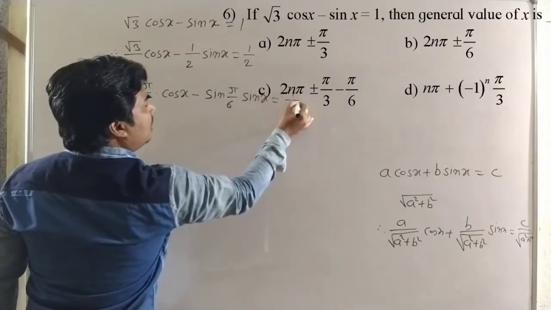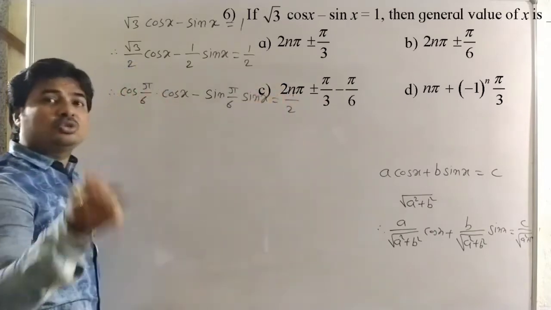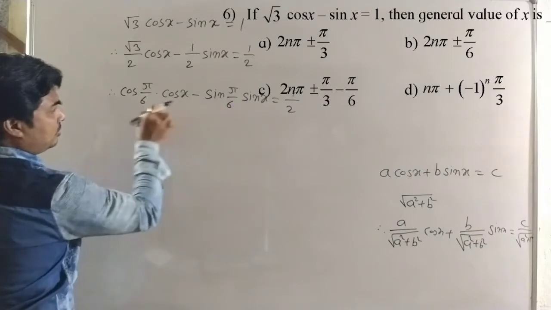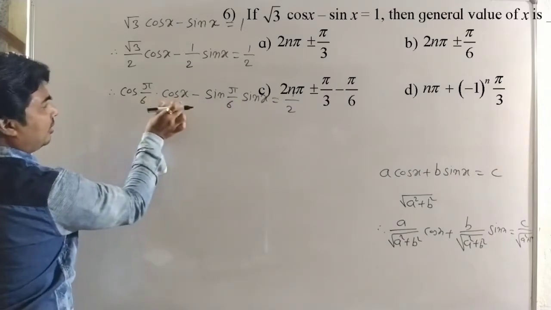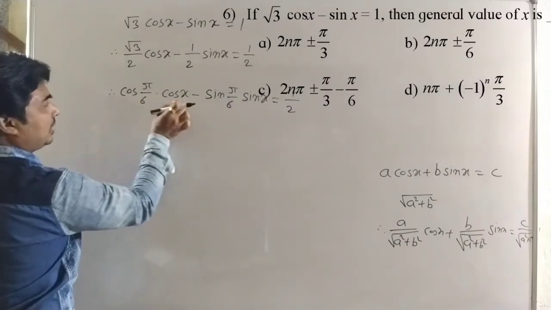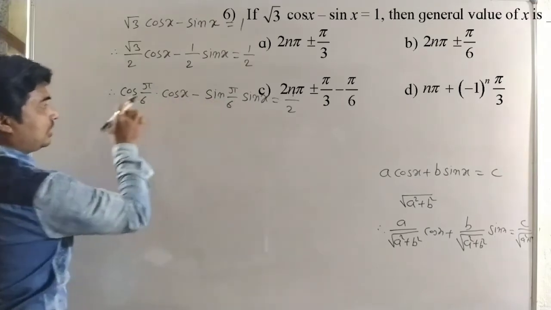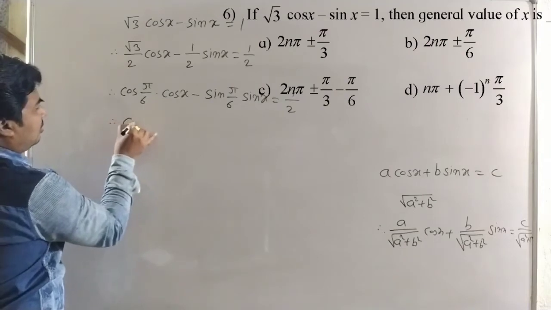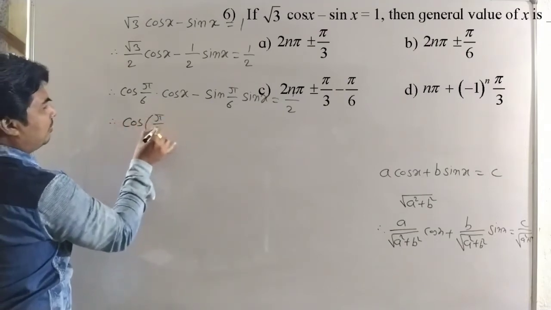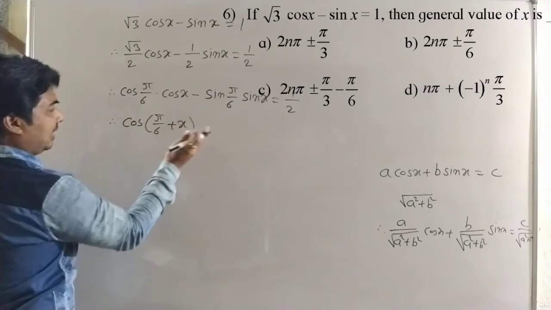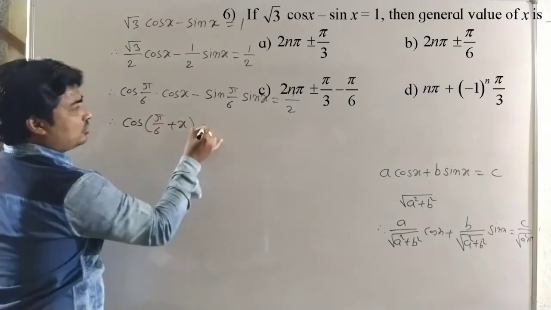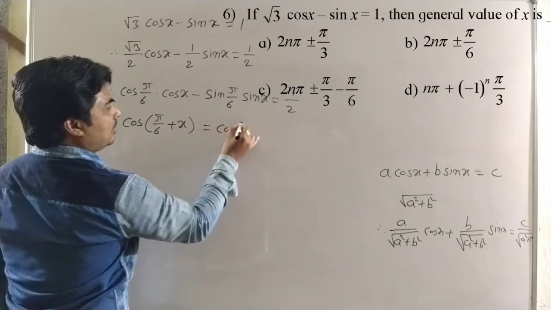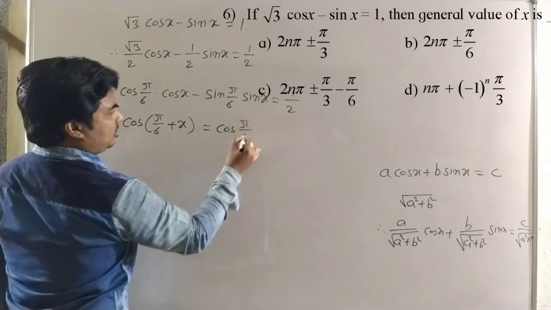And here this 1 by 2 we convert into sine or cos. Here first we express in terms of sine or cos. Here cos A plus B is cos A cos B minus sine A sine B. That means here we use the cos A plus B formula. So here we write cos (pi by 6 plus x), and here in the LHS there is a cos, so in the RHS we write also in terms of cos, and therefore it is 1 by 2, cos pi by 3.